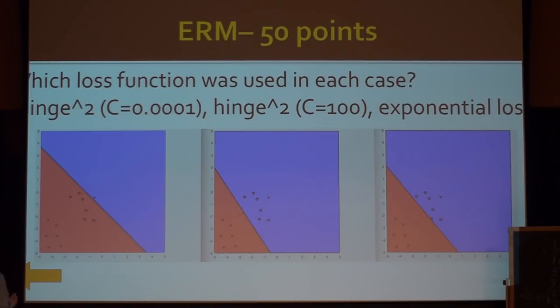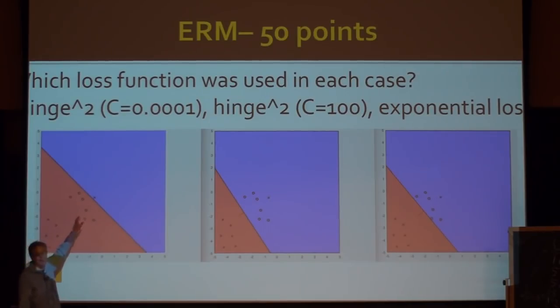The first one is a really small C. That's correct. Exactly. Perfect. All right, so just to make a few indications of why this is obviously the case. The first one gets basically everything wrong.